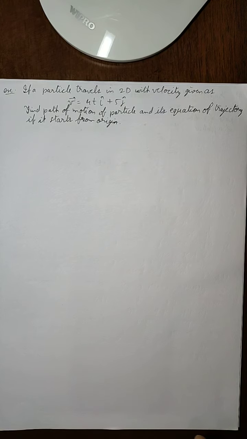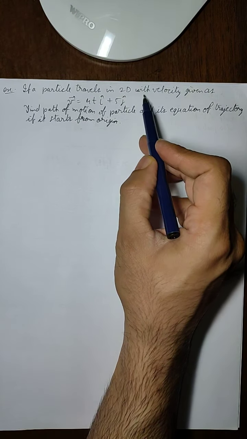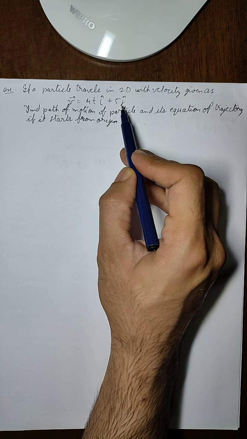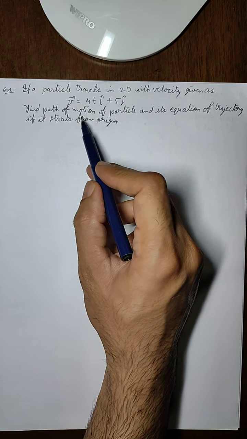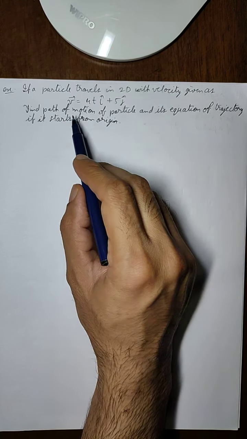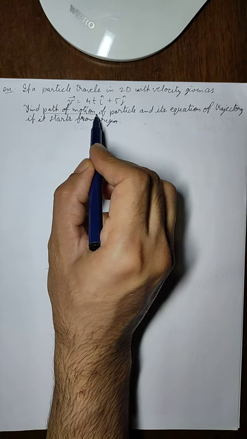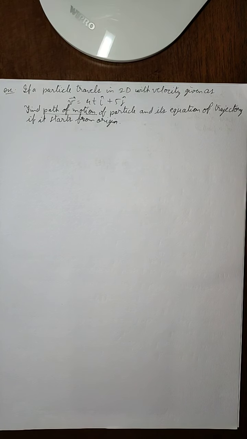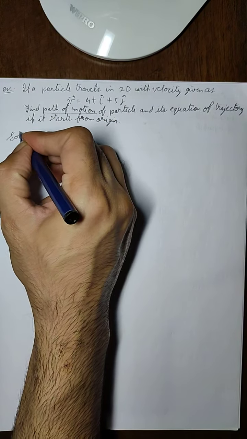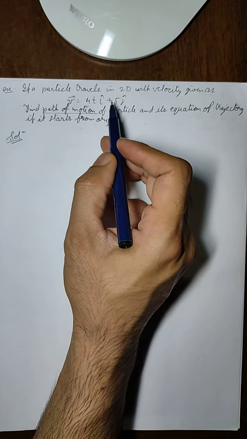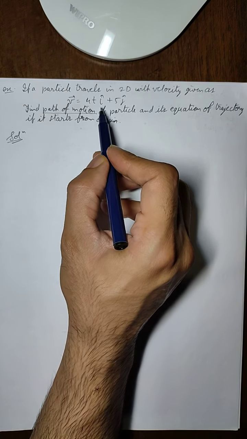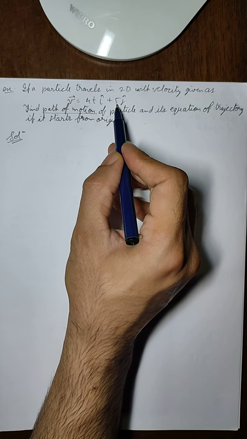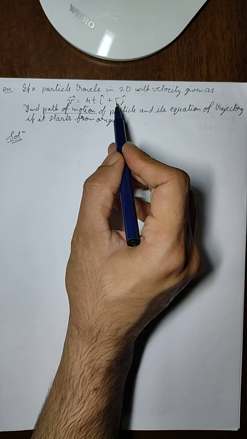Let us say there is a particle traveling in a 2D motion with velocity given as v equals 4t i cap plus 5 j cap. We have to find the path of motion of the particle, what kind of path it is, and its equation of trajectory, that is the equation between y and x. To solve this, if we notice the equation, the velocity is already divided into two components: 4t i cap, that means 4t is the x component, and 5 j cap, that means 5 is the y component.